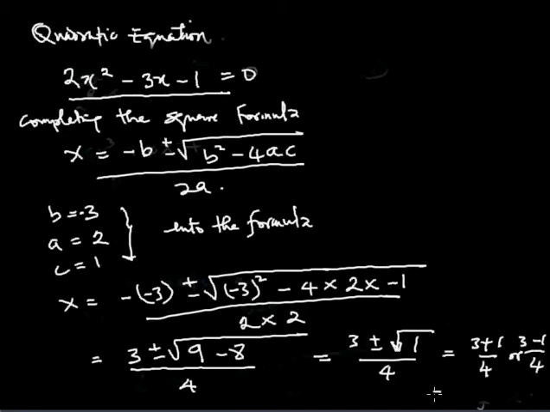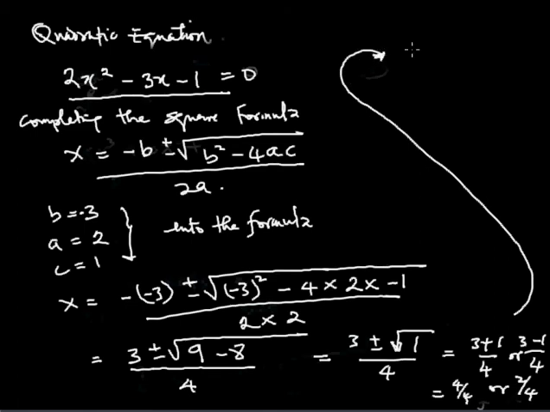So we have two values, 4 divided by 4 or 2 divided by 4. So the value of x is going to be 1 or half.